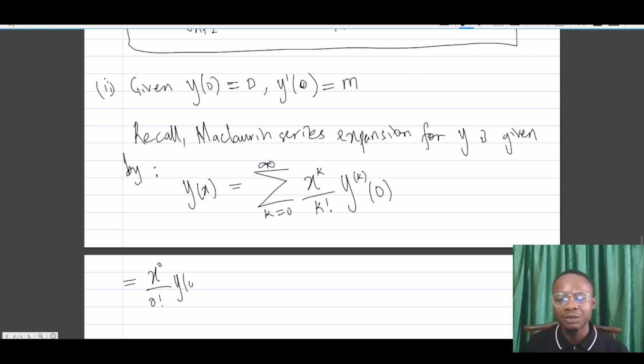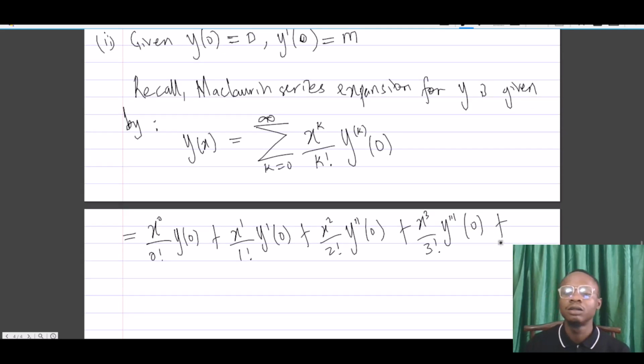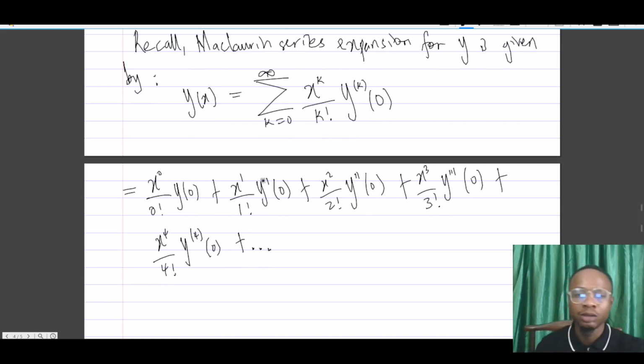This is going to be y of 0, plus x to the power of 1 over 1 factorial y prime of 0, plus x to the power of 2 over 2 factorial y double prime at 0, plus x to the power of 3 over 3 factorial multiplied by y triple prime at 0, plus x to the power of 4 over 4 factorial multiplied by the fourth derivative of y at 0, and that continues forever. So the expansion gives us this.